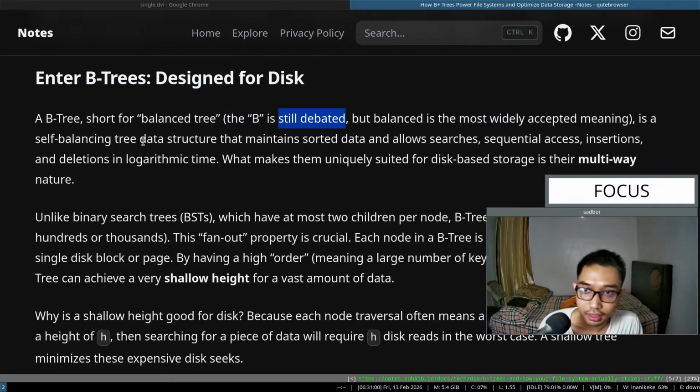It's a self-balancing tree data structure that maintains sorted data and allows search, sequential access, insertion, and deletion in logarithmic time.